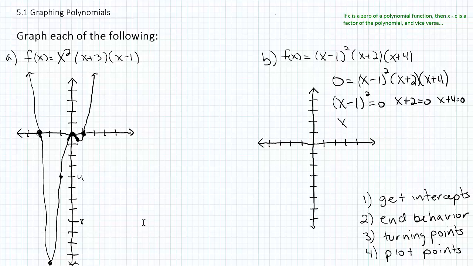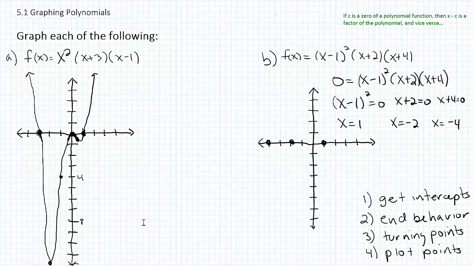Now from here, of course, it'll give you that x is equal to 1 with multiplicity 2 there, right? Because basically that expression is squared. And then we'll have x is equal to -2, and finally x is equal to -4. Those are your three x-intercepts. So we'll plot those: x is equal to 1, x is equal to -2, and x is equal to -4.